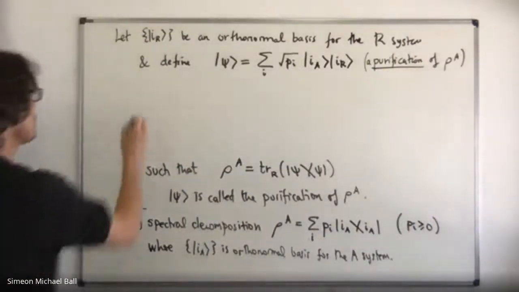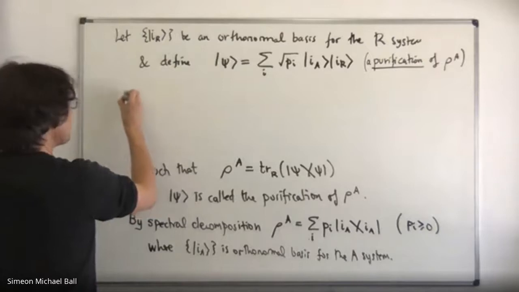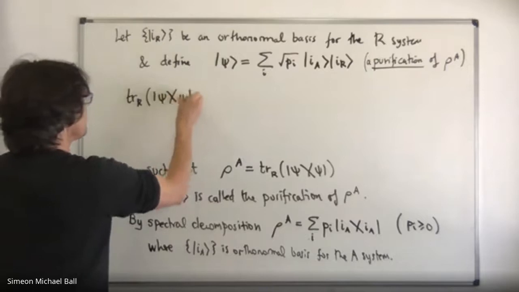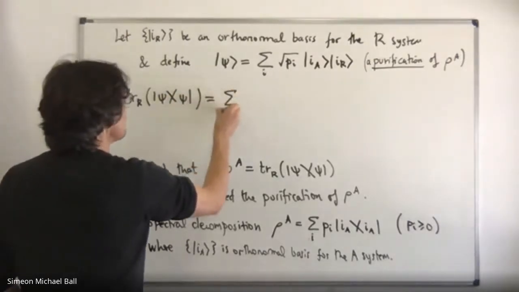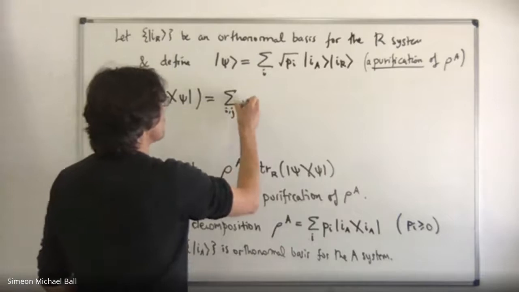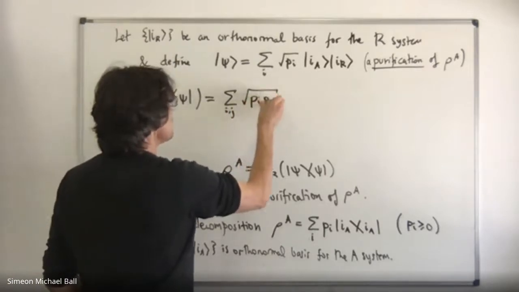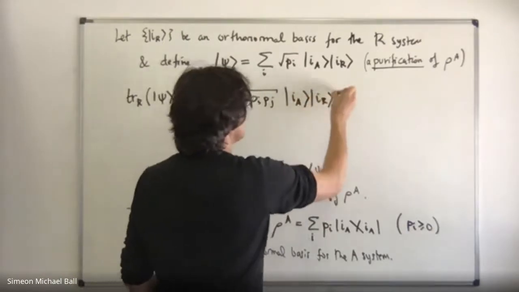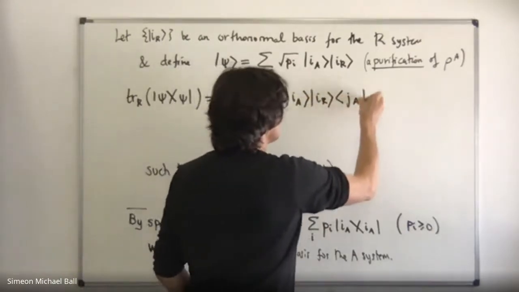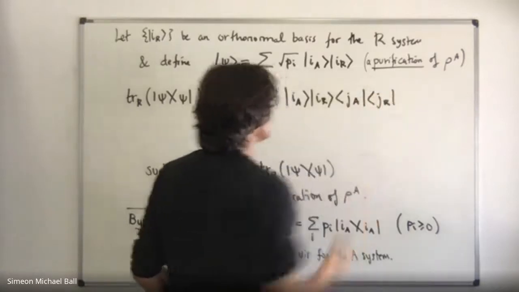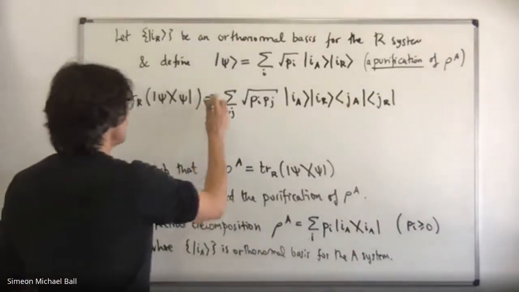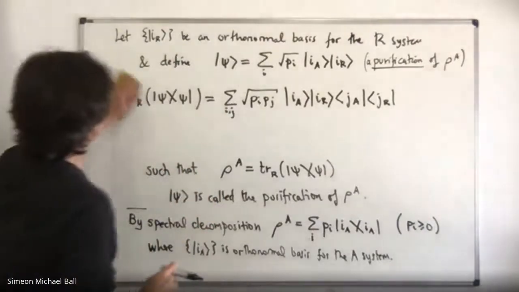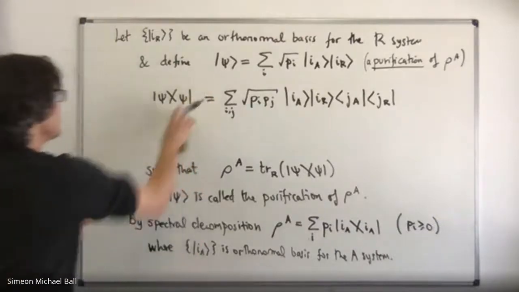So we've got to calculate the trace over R of this thing. Well, that's going to be the sum over i, j of square root p_i p_j |i_A><j_A| times the trace of |i_R><j_R|.